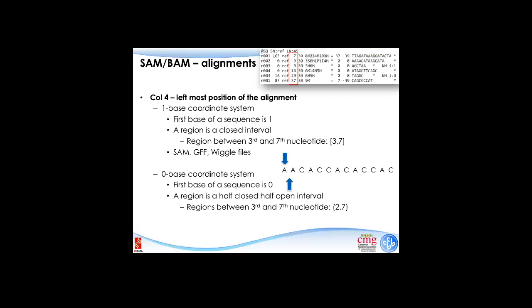That's why, if you are trying to refer to nucleotide number 3 to 7, you will have to go from the second gap here, which is number 3, to number 7. Okay? So nothing fancy. It's just annoying, and it's just a standard you have to be aware of.